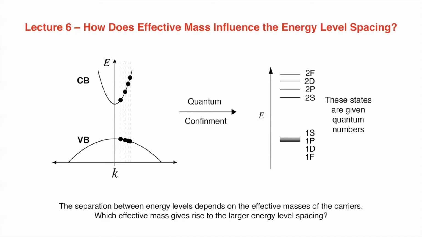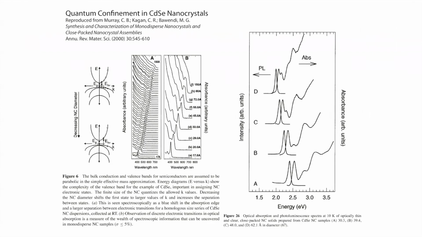All right, so effective masses and the curvatures in the bands, the band widths, give rise to differences in the spacing of the various levels that you see there. So let's take a look at a real example here.